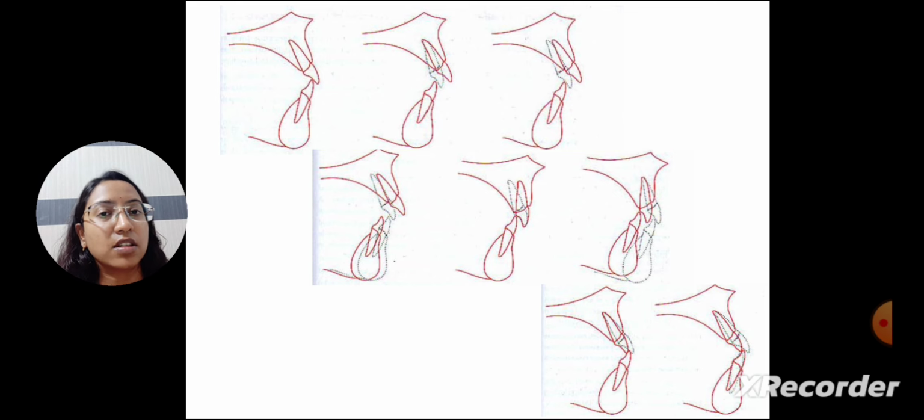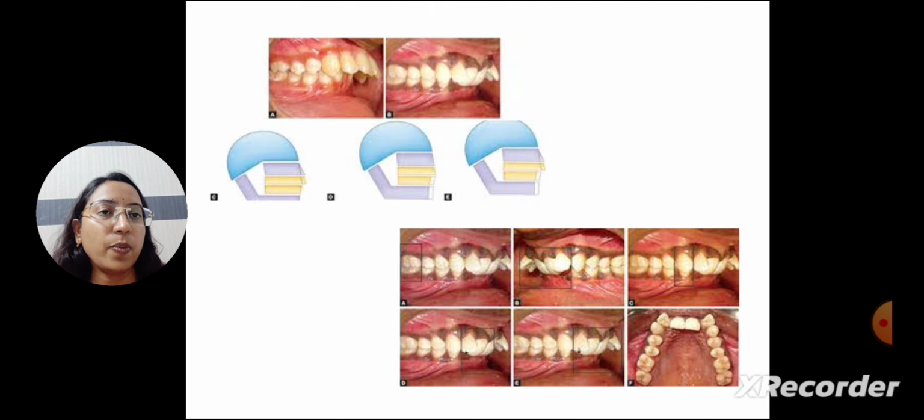So the incisor relationship, again, is dependent on the severity of the skeletal discrepancy. In this diagram, we are seeing the two differences, that is class 2 division 1 and division 2 malocclusion.